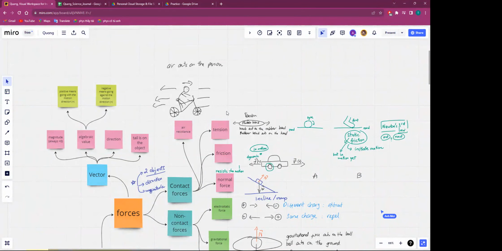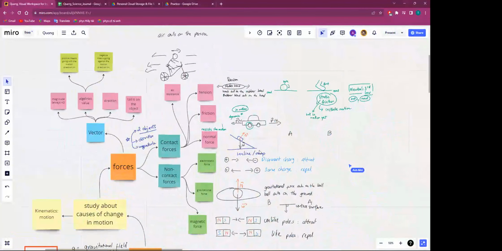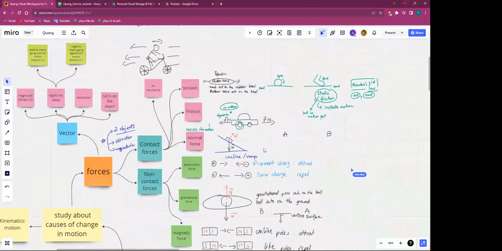Do you want to note it on the diagram, or are you sure that you will remember it? I'm sure that I will remember. Okay, then we don't have to, as long as you remember. And for the friction here, we say that the friction will resist the motion, so it will oppose the motion direction, right?